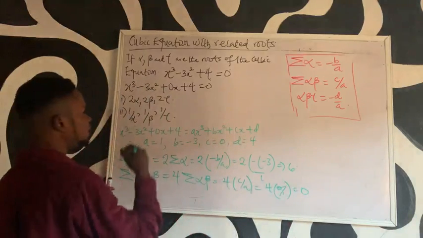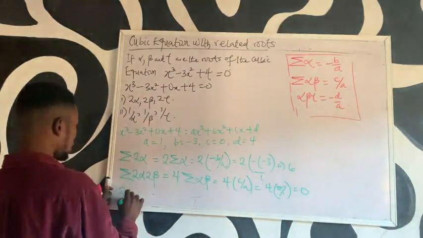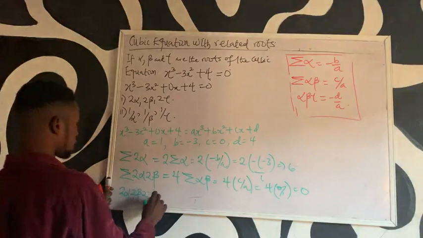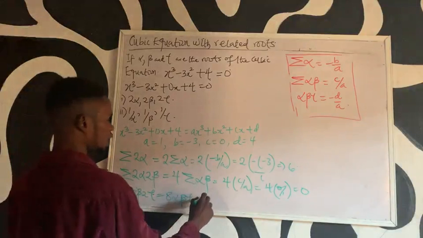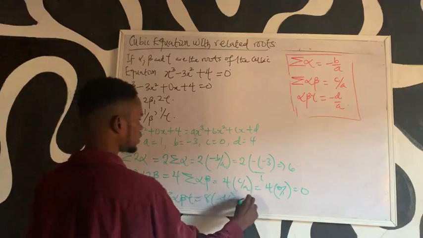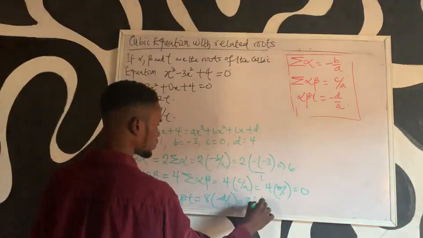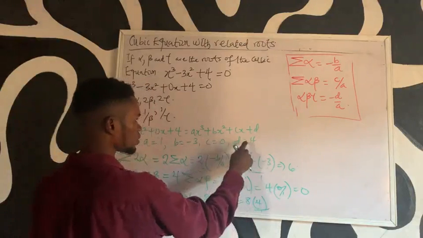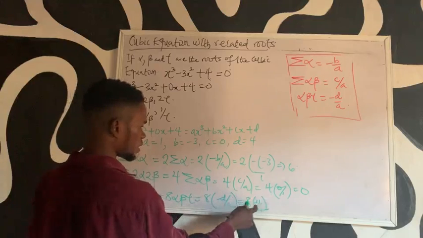And the product of the three roots, now 2 alpha, 2 beta, 2 gamma, that's 8 alpha beta gamma. That's 8 into brackets minus d over a. Our d is 4, minus 4 over 1.